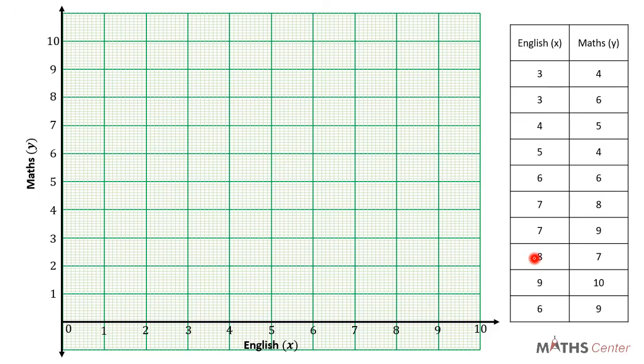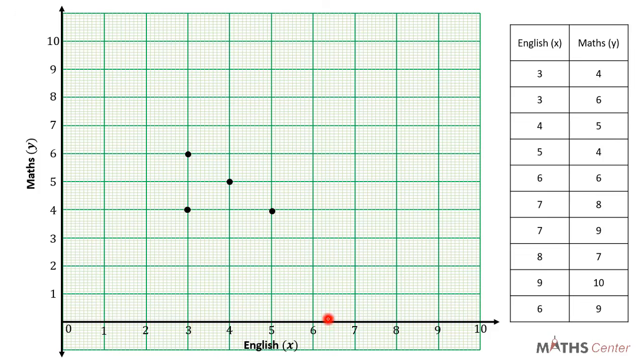Here are the points we are going to plot. Let's start. The first one is (3, 4). We have 3 on the x-axis, 4 on the y-axis. That will be here. We have (3, 6), which will be here. We have (4, 5). (4, 5) is here. We have (5, 4). (5, 4) is here.